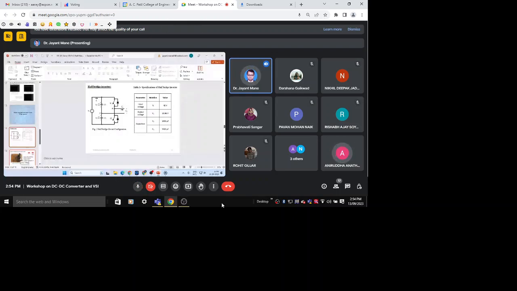Then the load was connected to the midpoint of the capacitor. Capacitors are not required between the two legs. So here is how it operates. Turned on. So from this positive terminal through this towards this.